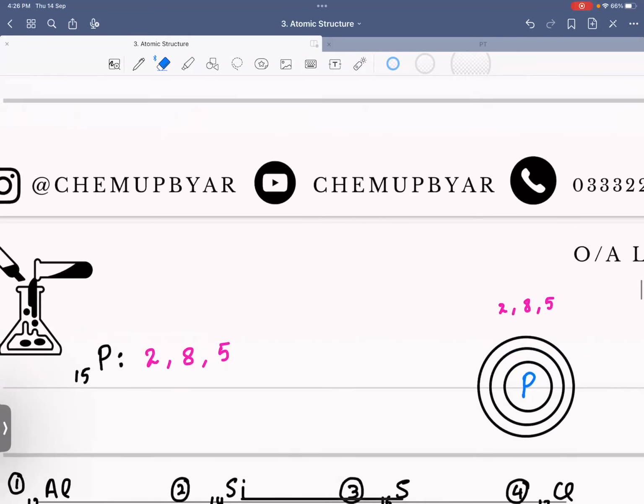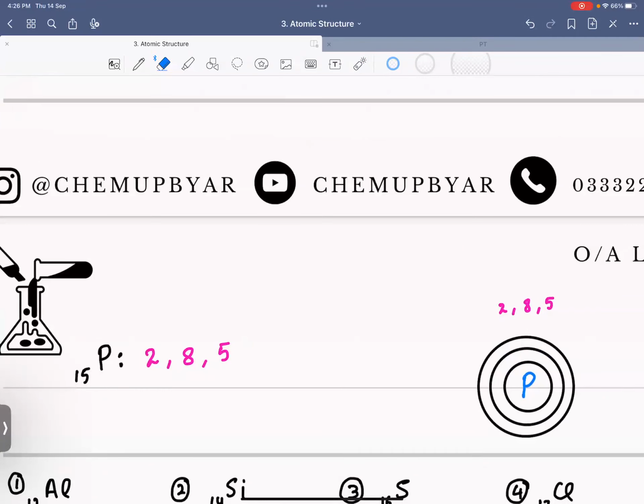So if I have to draw the electronic structure for phosphorus, I will do it this way. I got to know from the electronic configuration that there are 3 shells. So I'll write a P in the center and then make 3 circles representing the 3 shells.